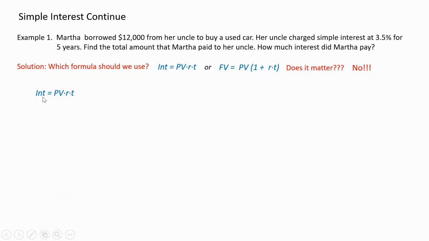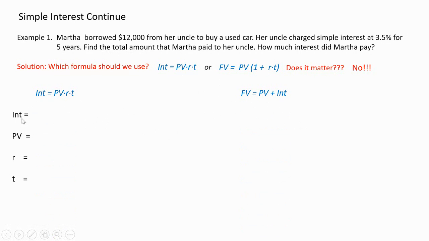If we use the interest formula, then to find the future value, we're going to get the present value plus the interest. The present value is the amount that Martha borrowed, and then we're also going to include the interest. With the first formula, the one on the left, we're going to find the interest. Then to find the future value, we're going to add the present value plus the interest. Okay, so let's do it.